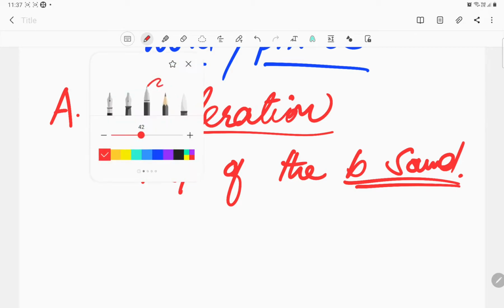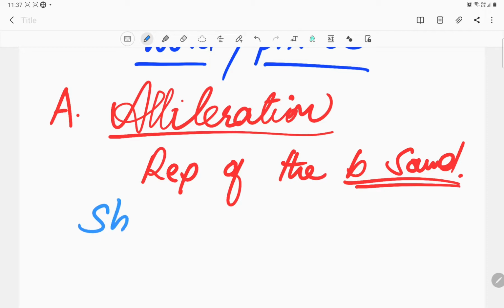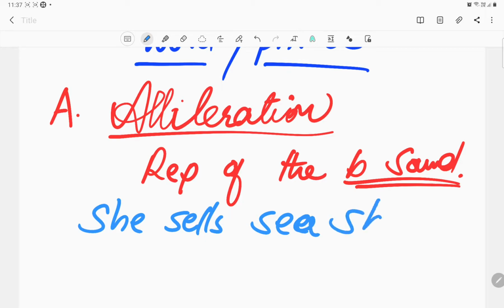For example, just see: she sells sea shells in the seashore. You see this repetition of the beginning sound. She sells sea shells, that sha, sea, sha is repeated, isn't it?